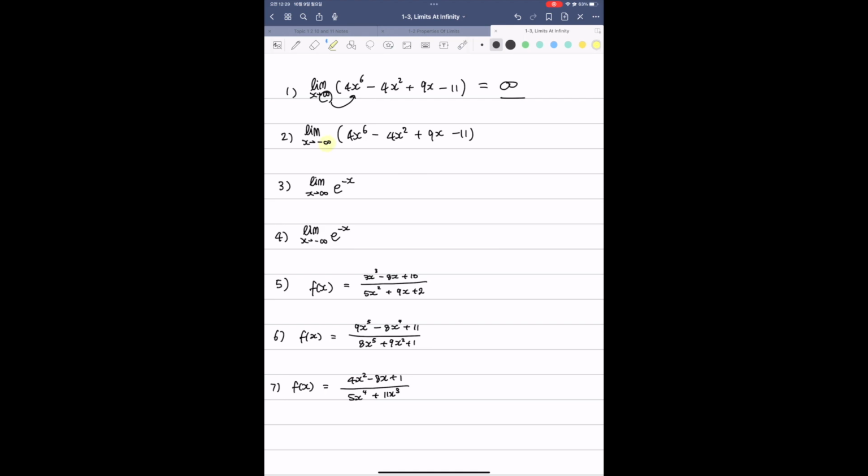It is negative infinity, even though they have the same function. If you plug in negative infinity and then take the 6th power, then you know that it is still infinity because it is a 6th power. It is not an odd number. If this function is 4x to the 5th power, then it will be different. It will be negative infinity.